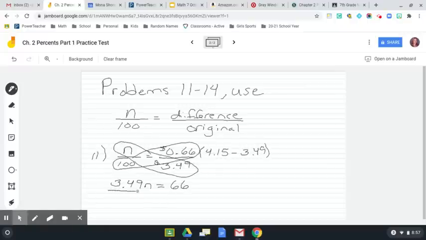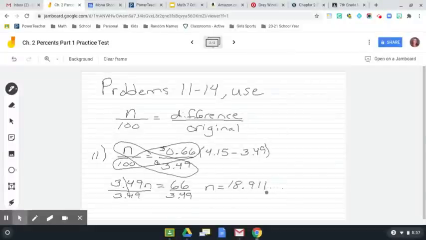All right, let's solve and find that percent. Let's divide by 3.49 on both sides. N equals 66 divided by $3.49. You get 18.911, and then it just keeps going a little bit more.